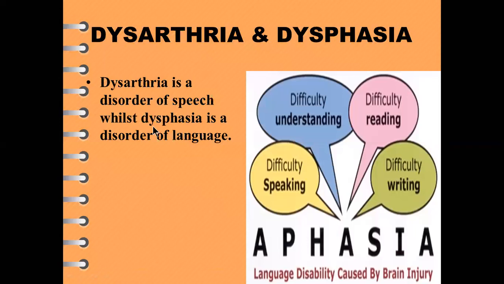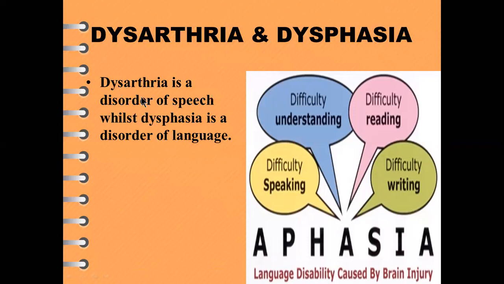Another condition is dysphasia. Dysphasia is difficulty in speaking. So what is aphasia? That is absence of speech. But the child is not dumb. The child can speak, but the words are not coming from the mouth. So these three, don't have confusion.